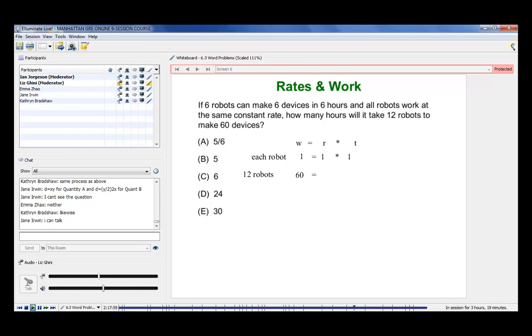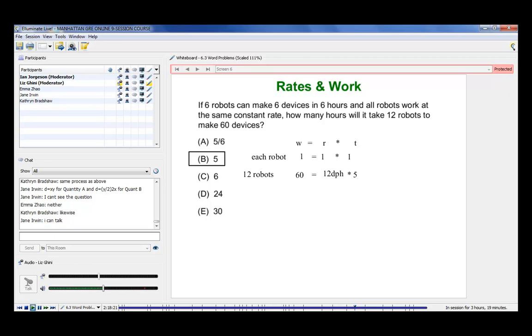How many devices can 12 robots make in an hour? Well, they make 12 per hour, DPH, devices per hour. And then you figure out the time has got to be 5. And that's how you get to B.